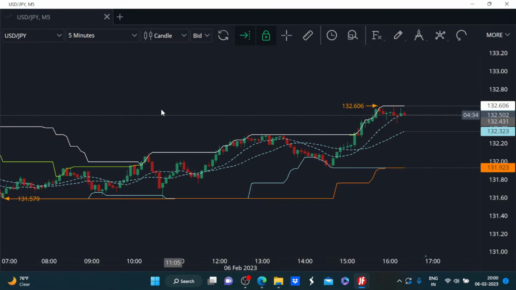So it is not much clear, but considering that both of these instruments are similarly aligned, you can even interchange them. If you prefer to trade with the USD JPY, you can go for that, or if you like the AUD more, you can short the AUD. So both these price formations are similar in nature.